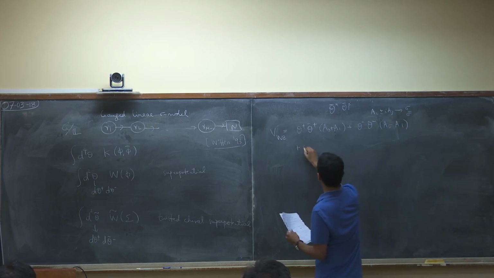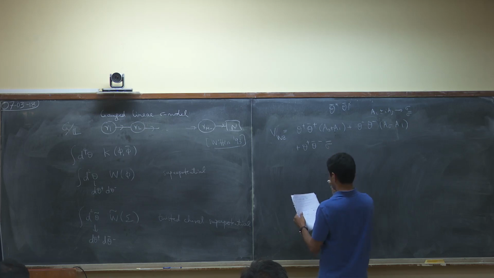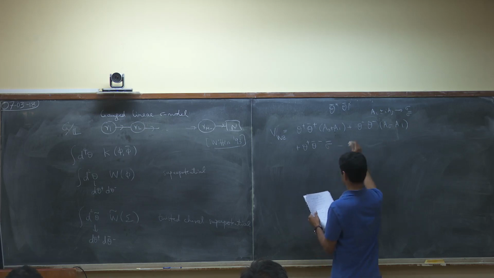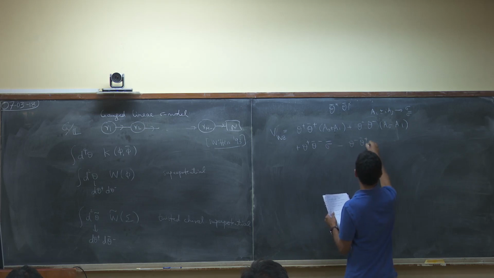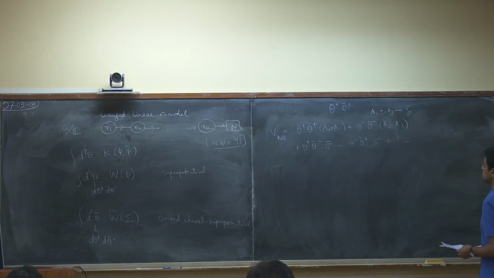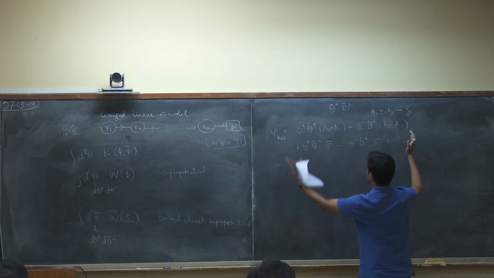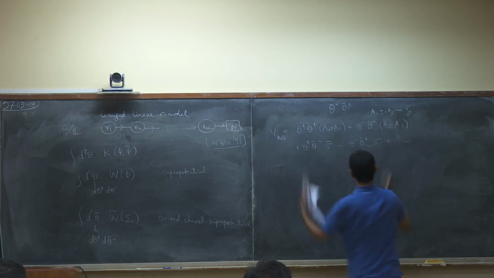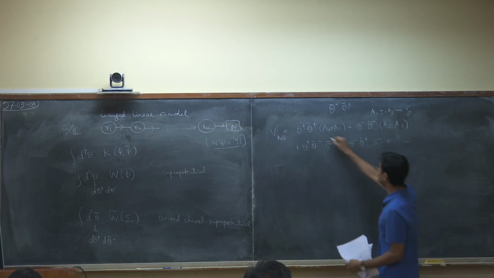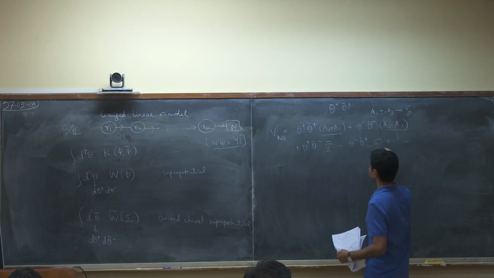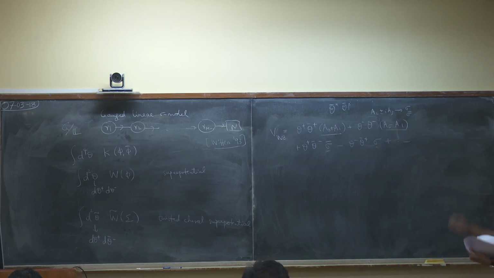The theta plus theta bar minus terms will look like so, with some sign convention, and then there'll be higher derivative terms and so on. This is your usual gauge field term, but now I've split it into 2D gauge fields and 2D scalars: A mu breaks up into a 2D vector and a complex scalar.